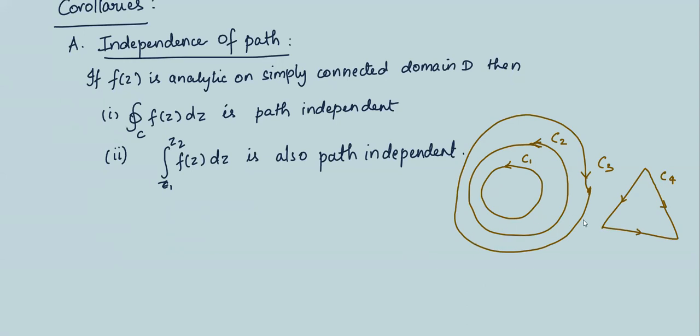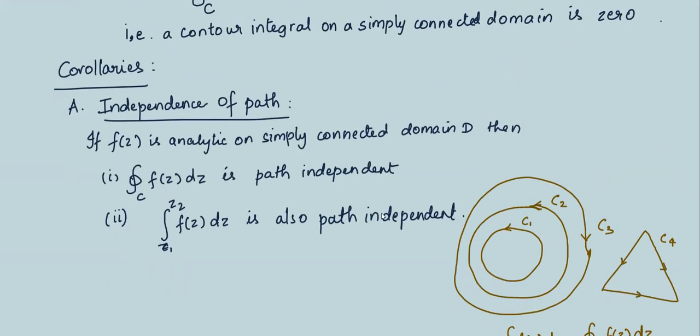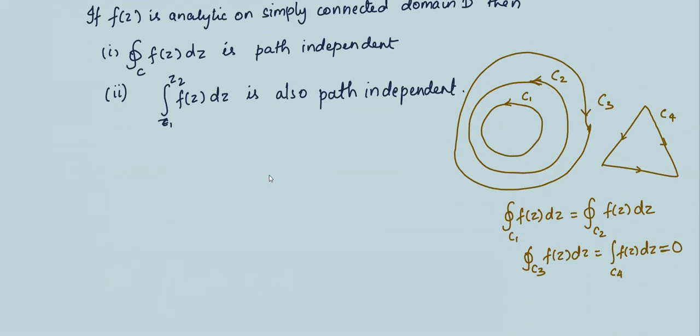All are zeros. This is independence of the path for the first one.